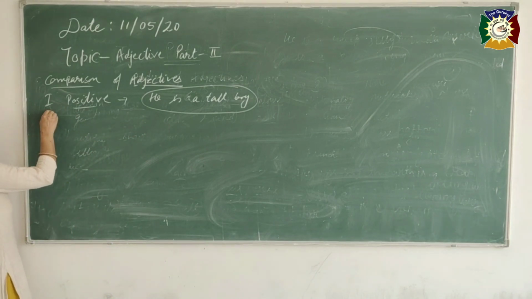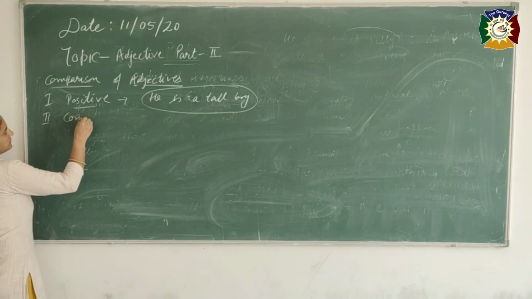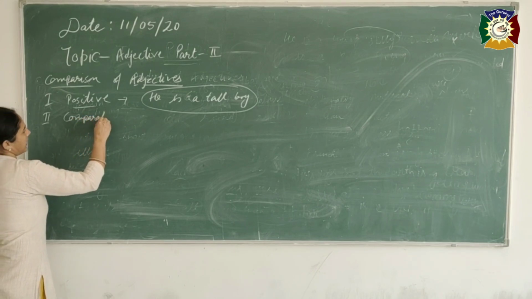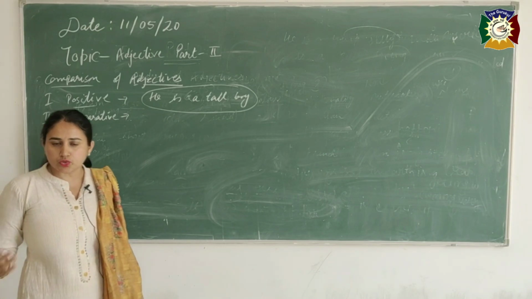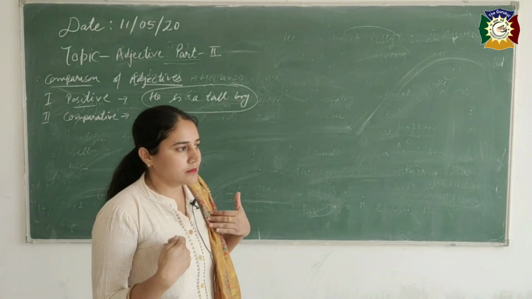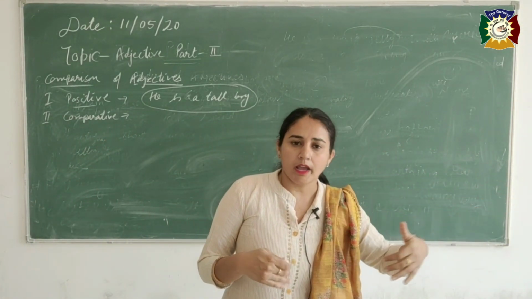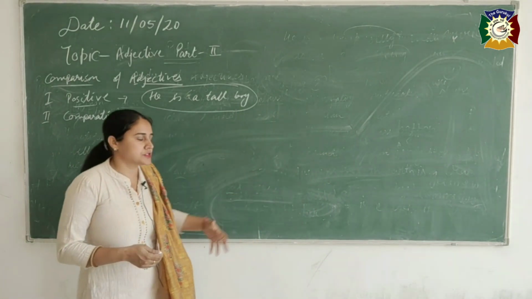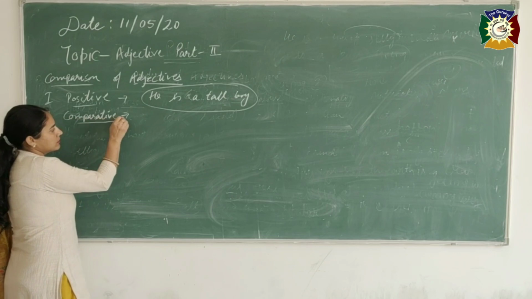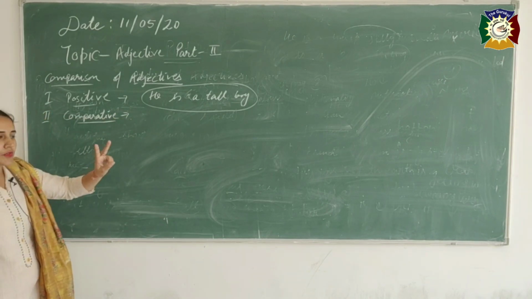Next, second goes to comparative. Comparative degree: in this particular one, we have to compare two things. Like I am shorter than him. I am taller than him. I am more intelligent than him. Like this. Means in comparative degree, we have to compare between two things.